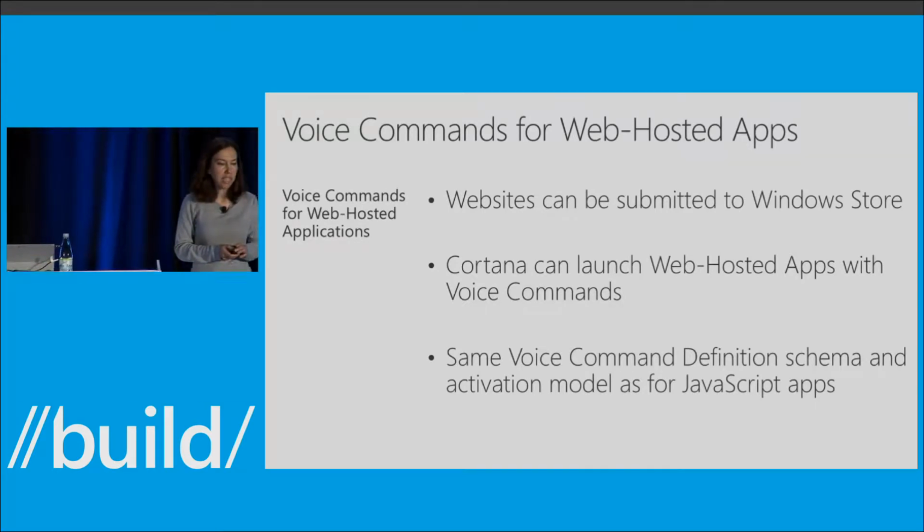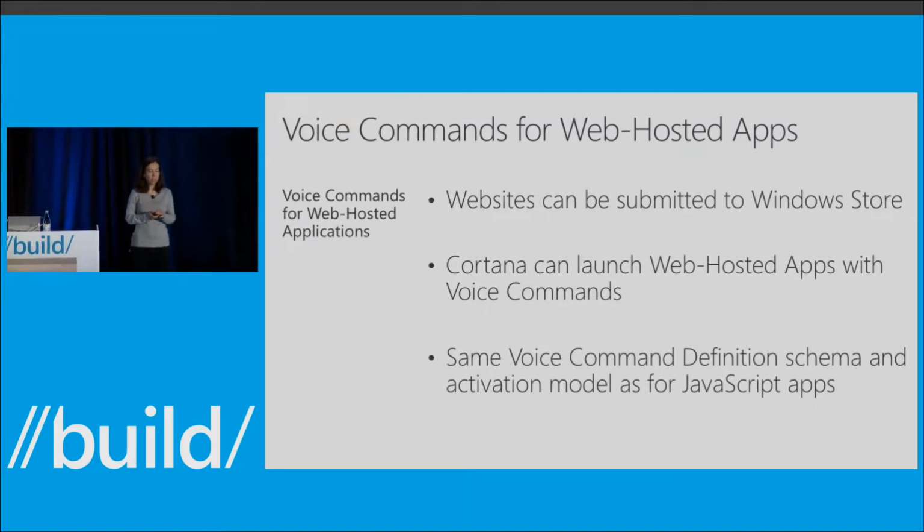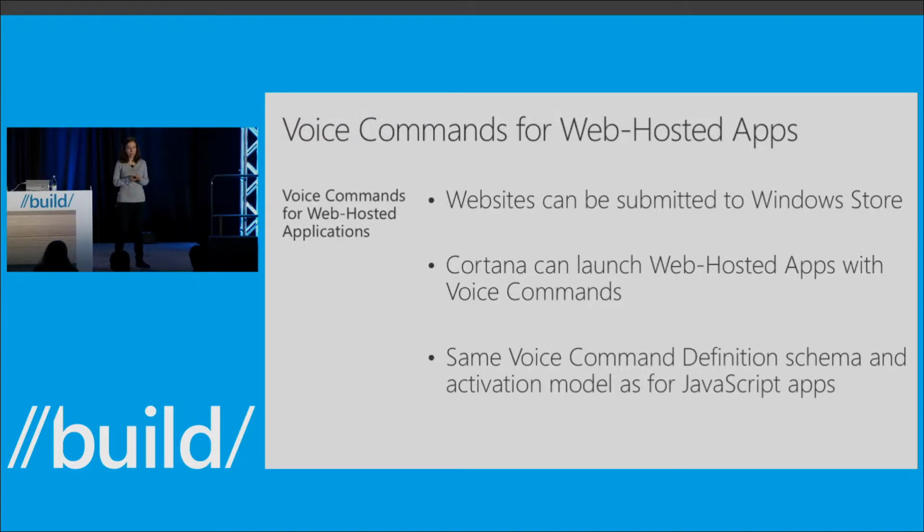So with that, let's move on to talk about voice commands for web-hosted applications. As you already know, in Windows 10, websites can be submitted to the Windows Store. And for such applications, if they do the work to create a voice command definition and take a few steps to register that voice command definition with Cortana, then Cortana is going to launch these applications with voice commands.